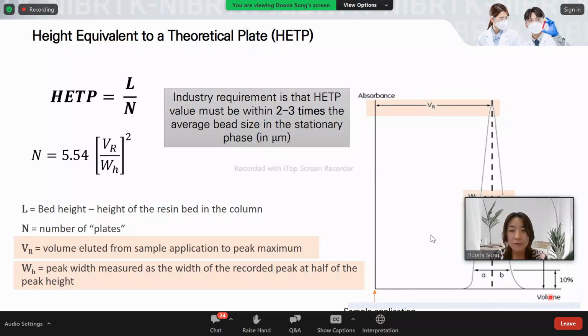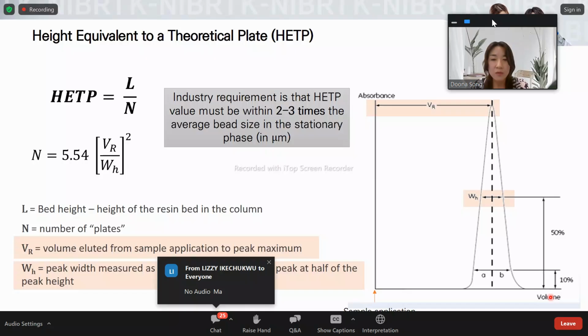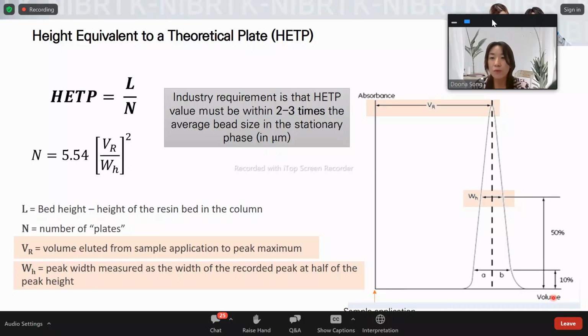At this point, V and W need to be in the same unit, retention time or volume. And the industrial requirement is that the HETP value must be within 2 to 3 times the average bead size.